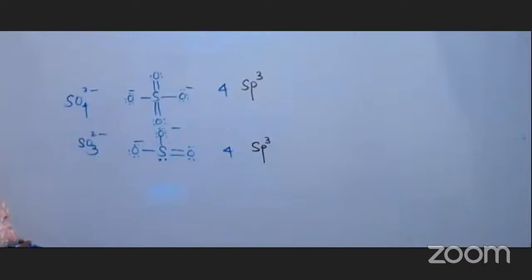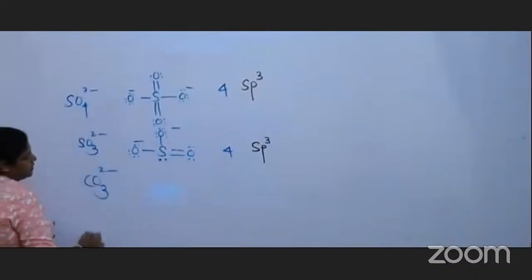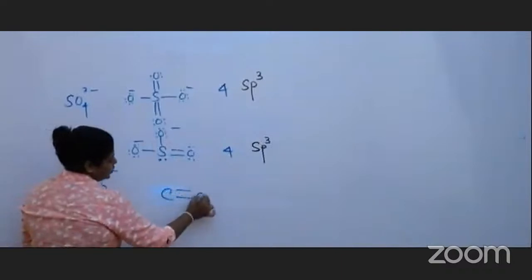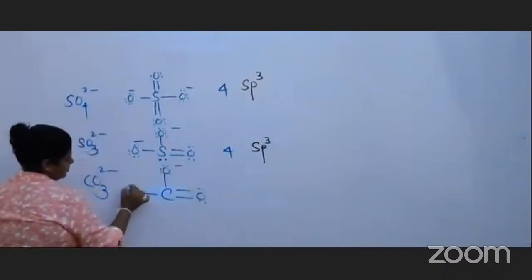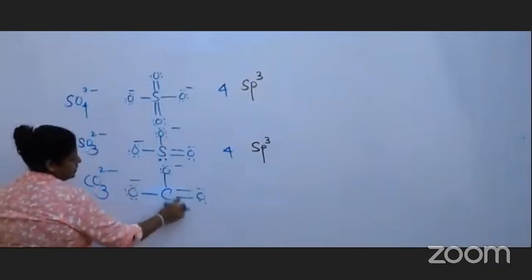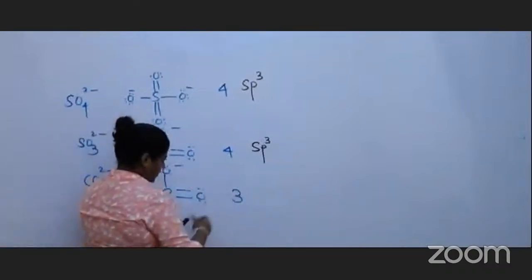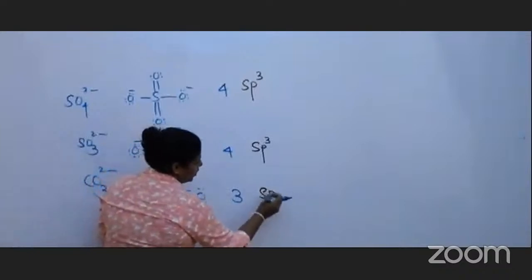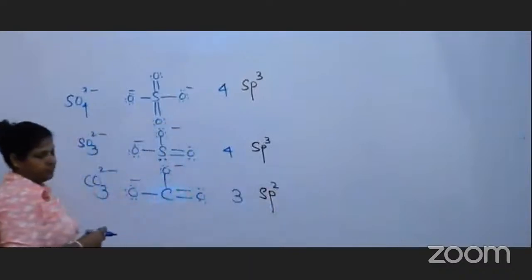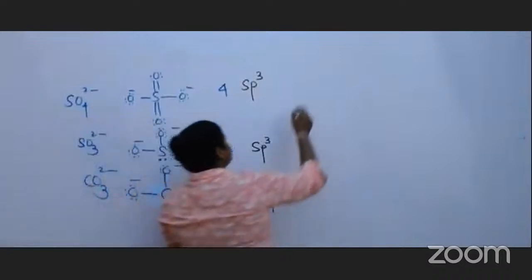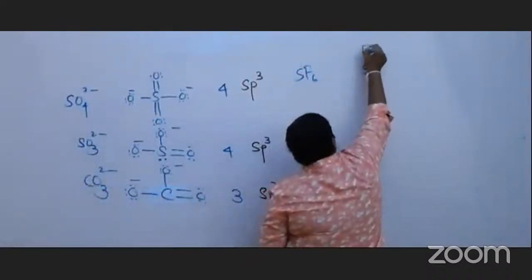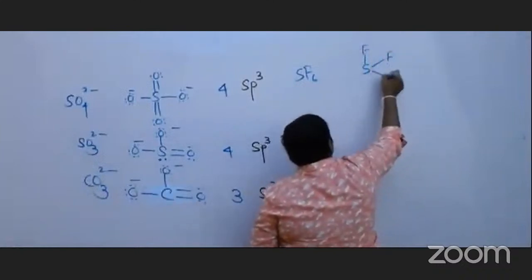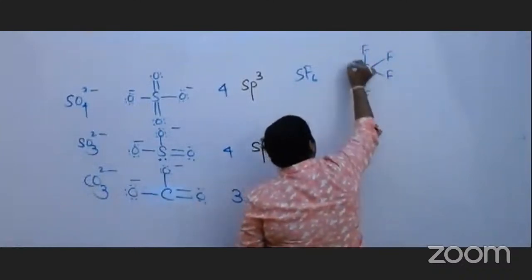Okay, guys. When you want to take the hybridization for the carbonate, the carbonate ion is this one. Around the carbon atom, 3 VSEPRs, sp2 hybridization. When you take SF6, around the sulfur atom, there are 6 fluorine atoms.